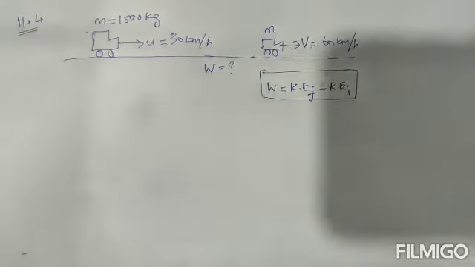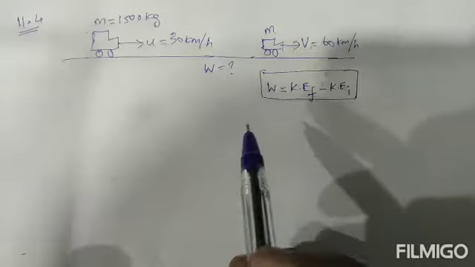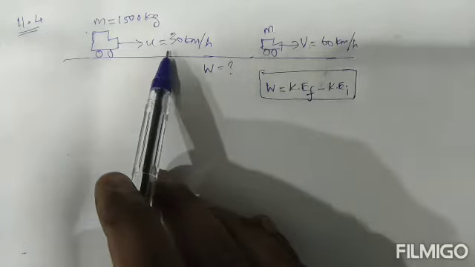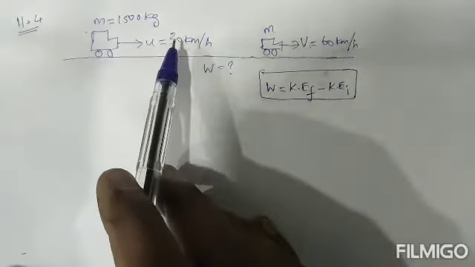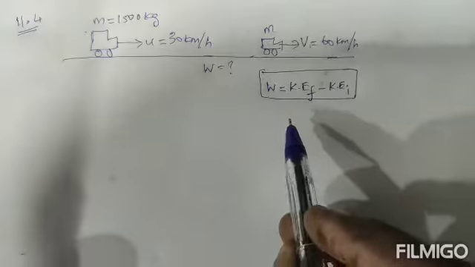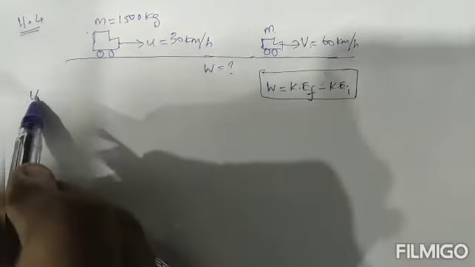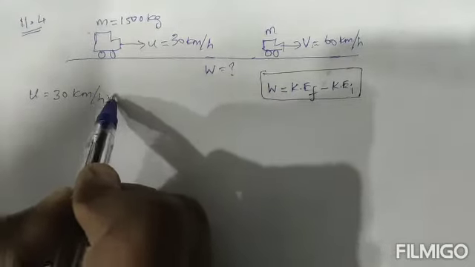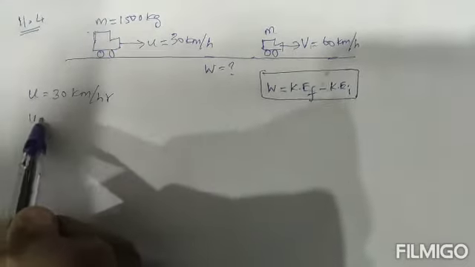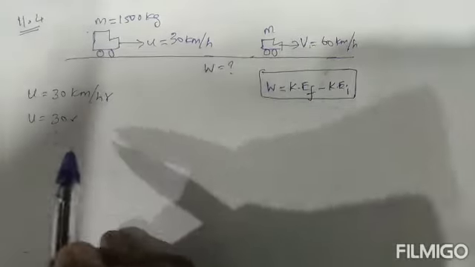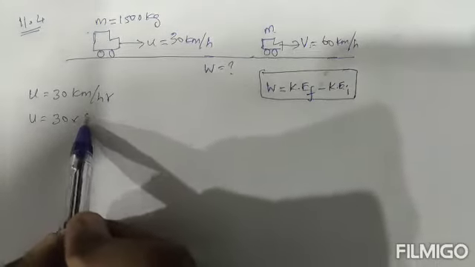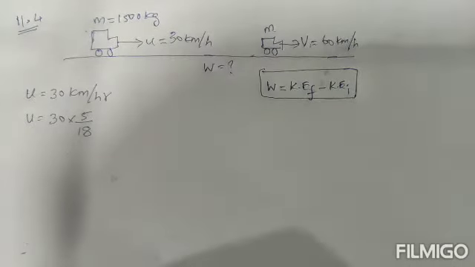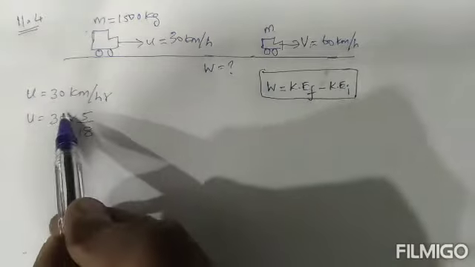Okay, so please listen. Before that, the u value is in kilometer per hour, so I can convert it into meter per second. First the u value, 30 kilometer per hour, is converted into meter per second. So 30 into 5 by 18.